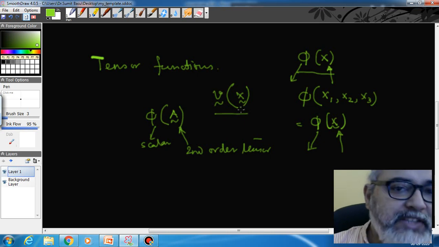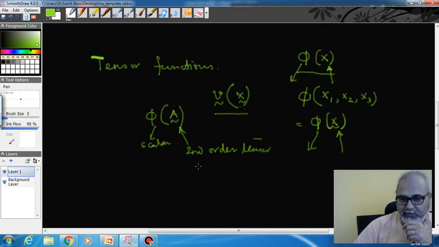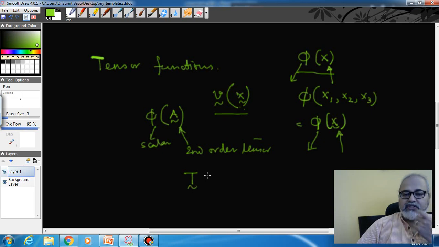Okay, generalizing this is not difficult. We can have a tensor valued function t, which is a tensor. Let's say stress. We have promised that we'll prove that stress is a tensor. So we have a stress that is a function of some other second order tensor, let's say strain.